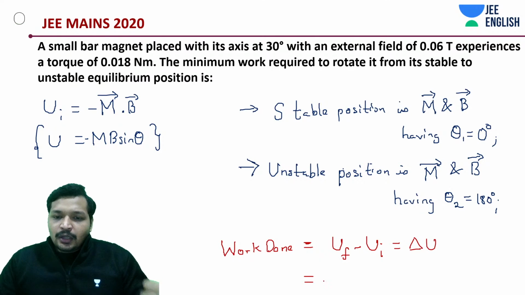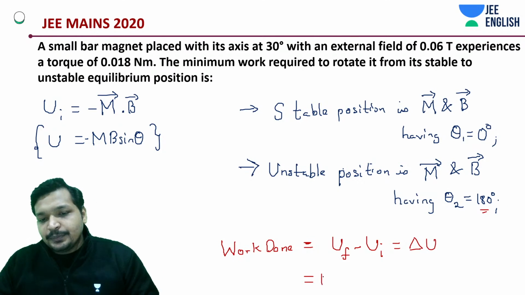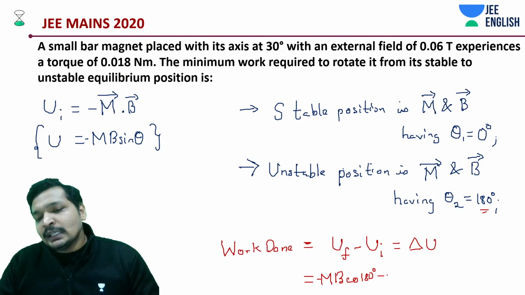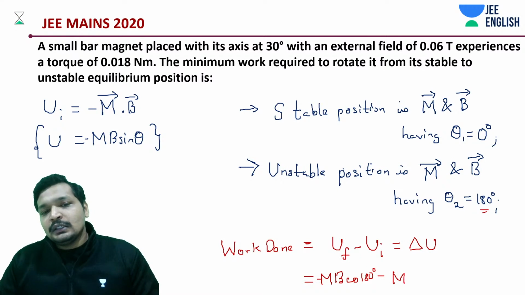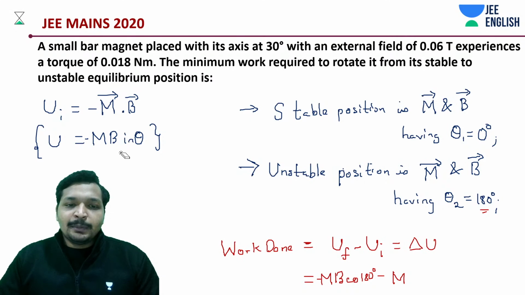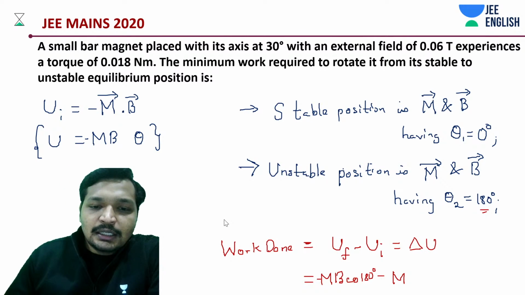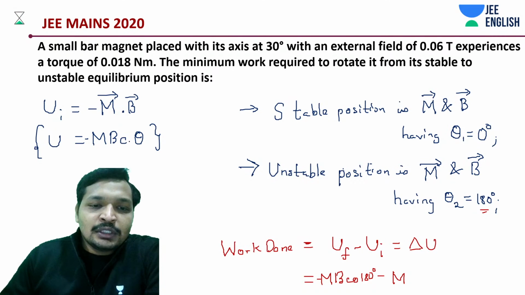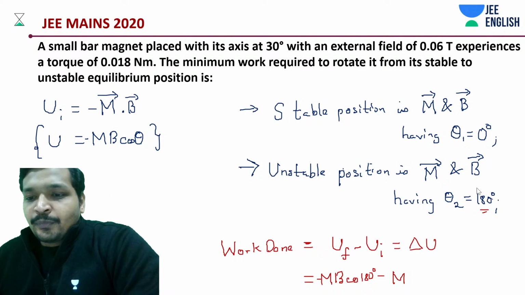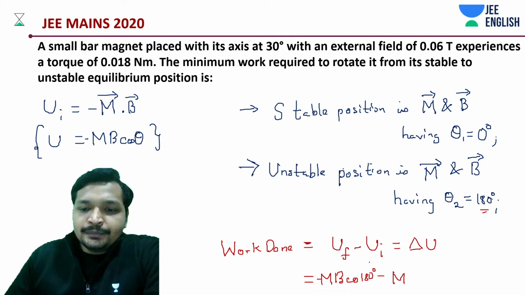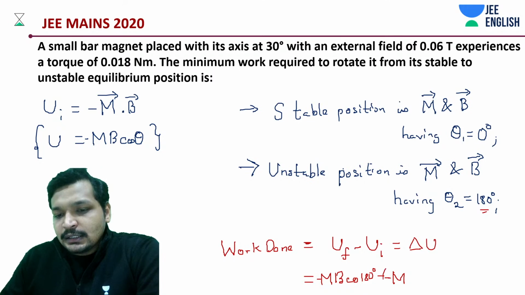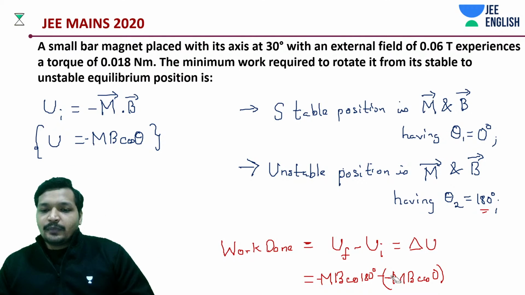Minus MB cos 180 degrees minus of minus MB cos 0 degrees. My goodness, it should have been cos, right? M dot B was written, just to correct it. Of course, you know this dot product yields cos.